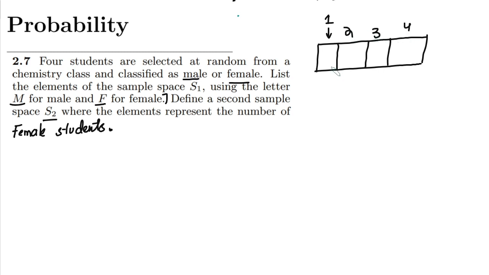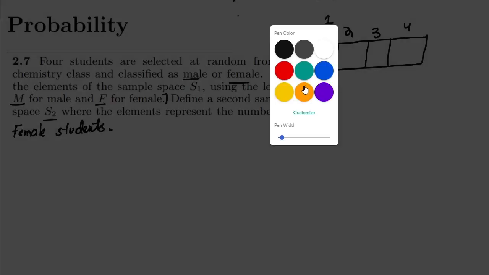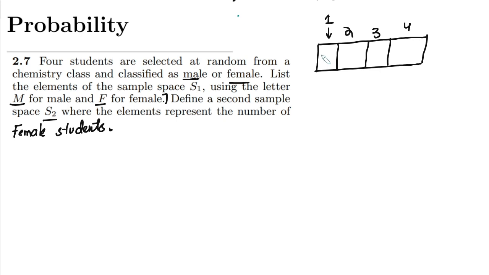In the first slot, how many options would I have? I can have either male or female. Let me write it with another color. So either I will have female or male here.